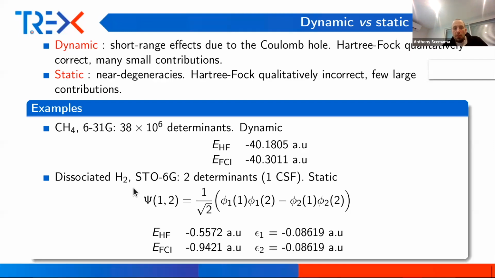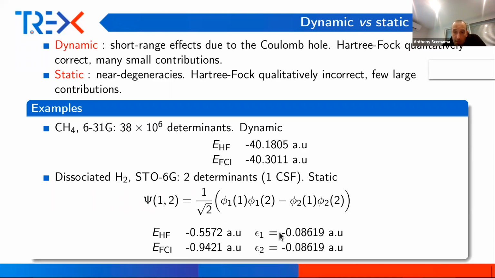But now if you take dissociated H2, with only two determinants, you see that the Hartree-Fock energy is minus 0.5. And when you take the CI with two determinants, you get to minus 0.94. So just with two determinants, you get 0.4 atomic units of correlation energy.